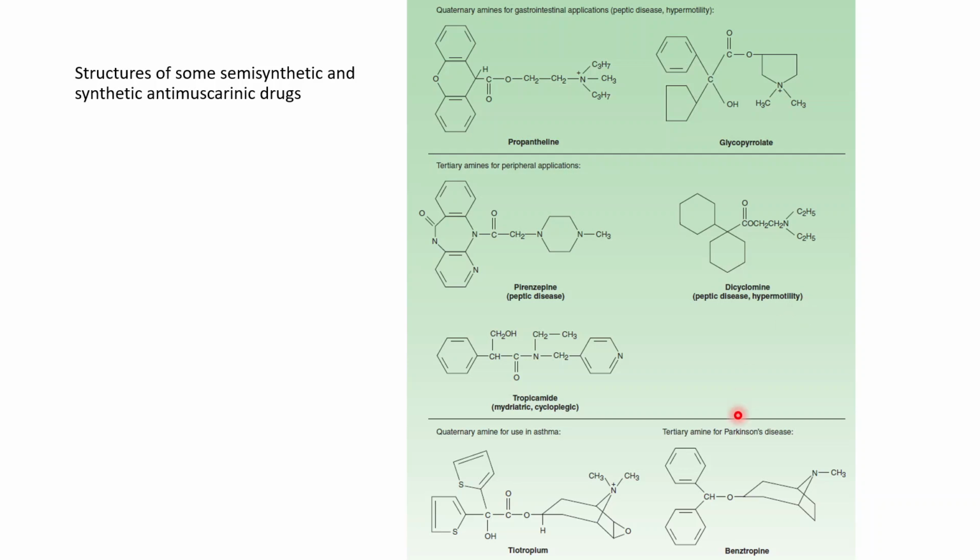For example, benztropine has a structure similar to that of the benzodiazepines, and that is why these classes, antidepressants and antihistamines, have some anti-muscarinic effect.